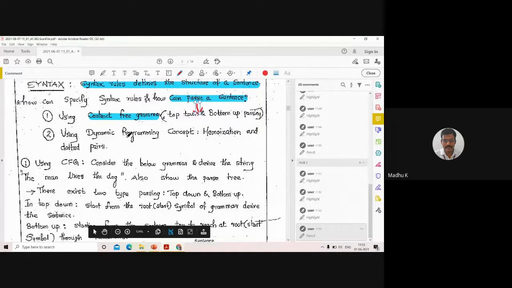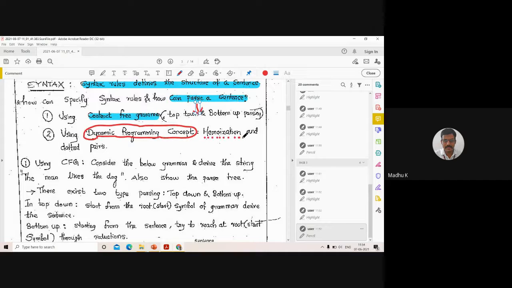Another method of parsing uses the dynamic programming concept. That is called the memoization and dotted pair method.